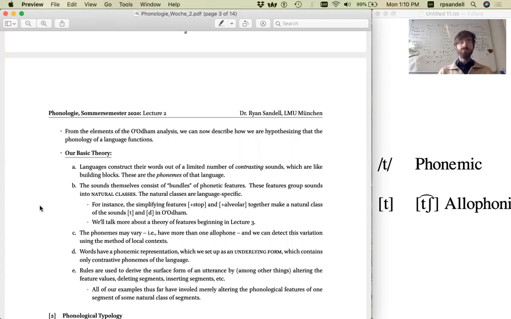Then at that point, under the assumption that all words have a phonemic representation, so that was point A here, we can then posit an underlying form or underlying representation for each lexeme or morpheme of the language, which will consist of only the contrastive phonemes. So whatever allophones we have found to belong to the same phoneme can all be represented as just a single phoneme.